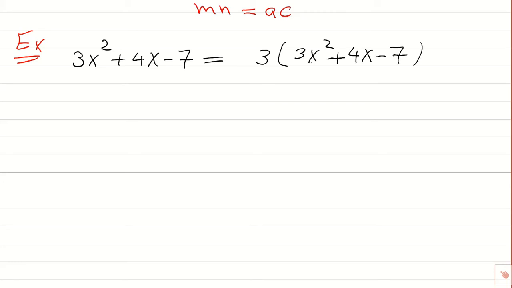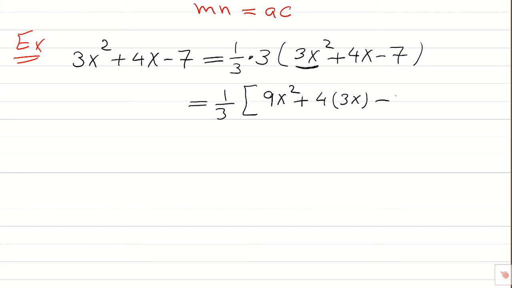The reason that I multiply it by 3 is because I would like to see a perfect square at the beginning, but because I don't want to change the equation, I have to multiply by 1 over 3 too. So this is going to be 1 over 3 times (9x squared plus 4 times 3x minus 21).